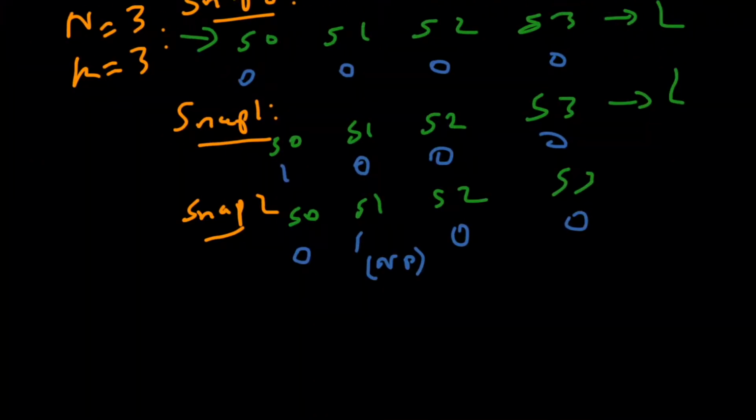So that means snap 3. We can see here we get S0, S1, S2, S3, and the light is plugged here. And here we get 0, we get 1, so this one is toggled on again.